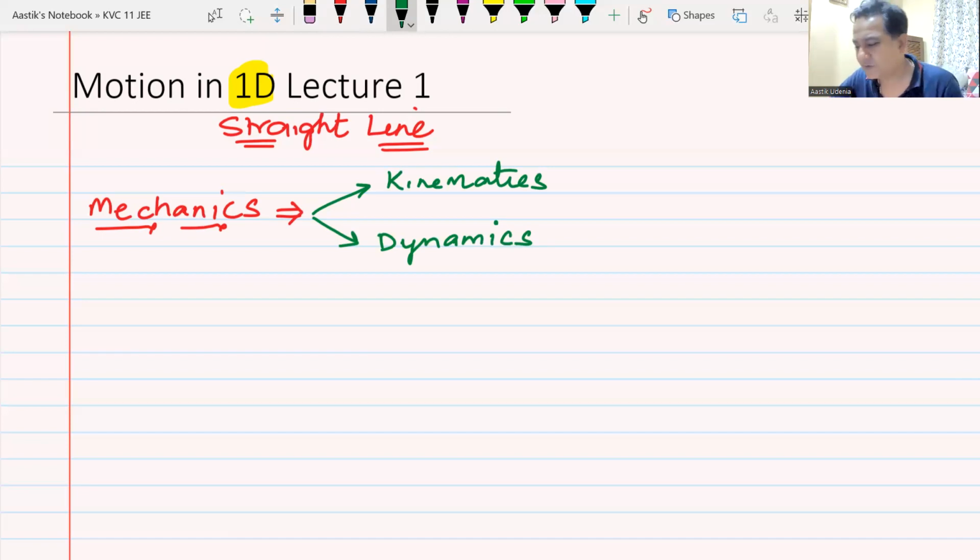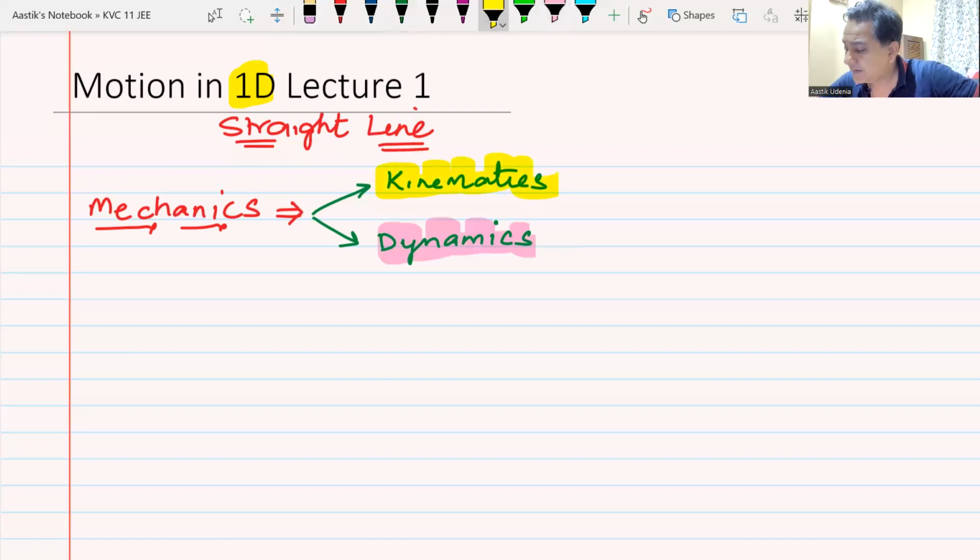It's just to introduce you to this concept. Now what do you mean by kinematics and what do you mean by dynamics?